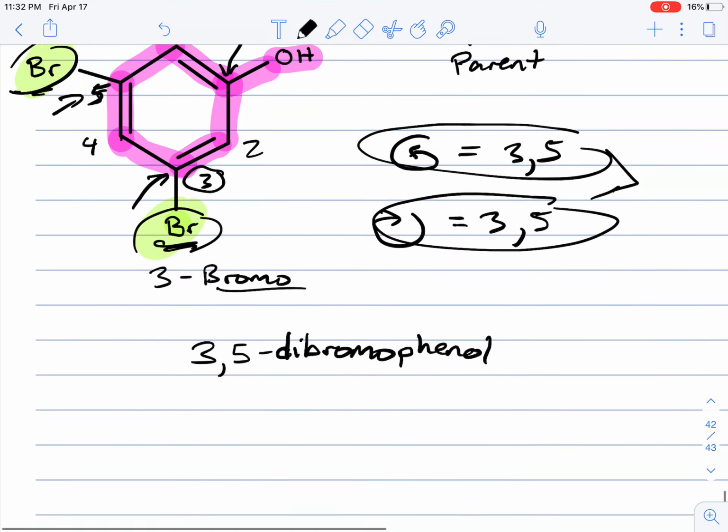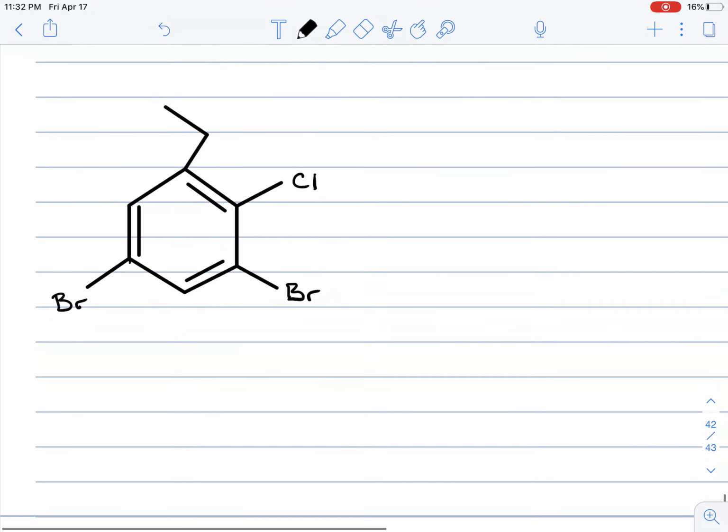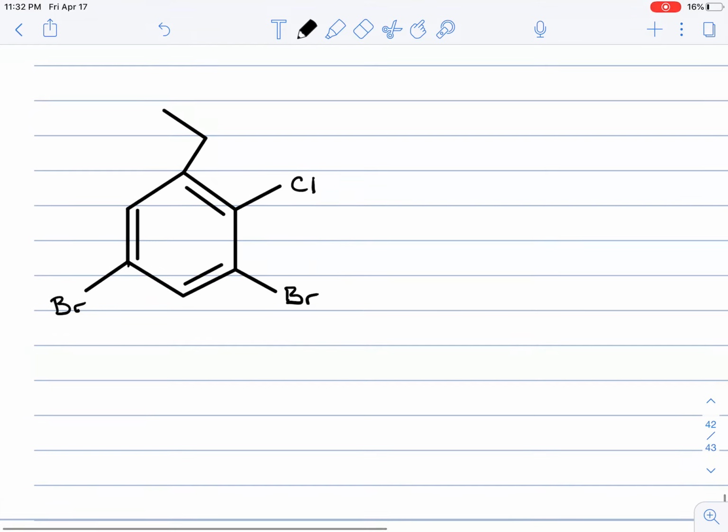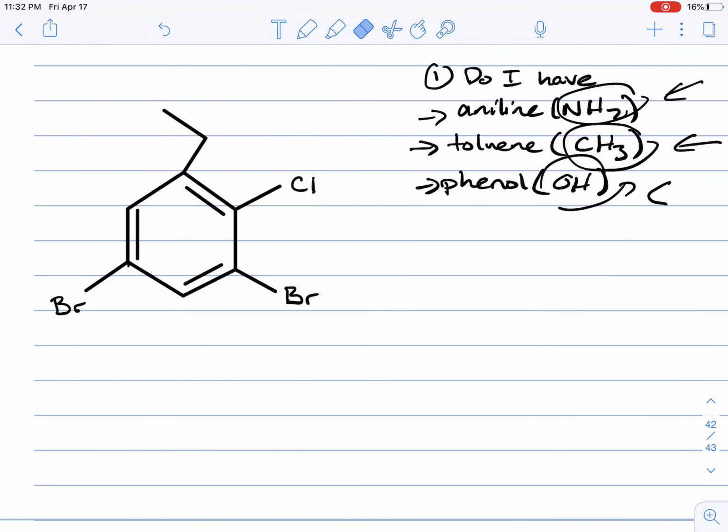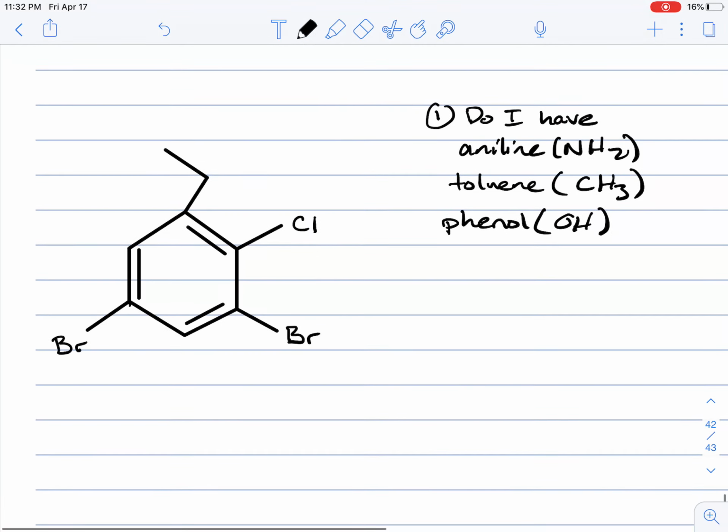Cool. So let's go ahead and do one last one. This one's kind of a doozy. So we have our last aromatic compound that I want to go over. And so I'm going to ask myself, do I have an NH2? No, I don't. Do I see a CH3? No, I don't. Do I see a phenol or an OH? No, I don't.